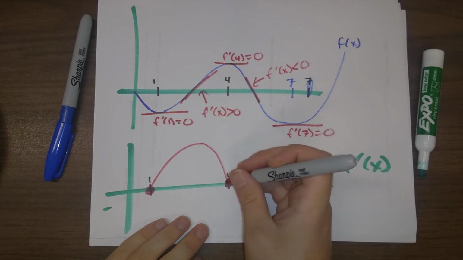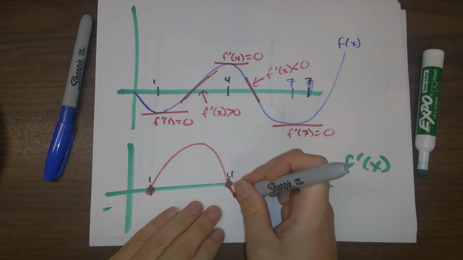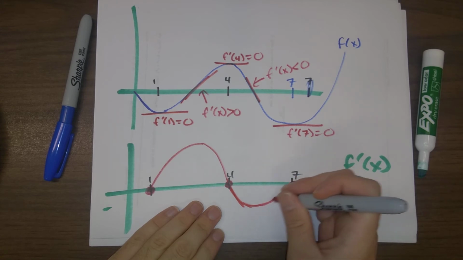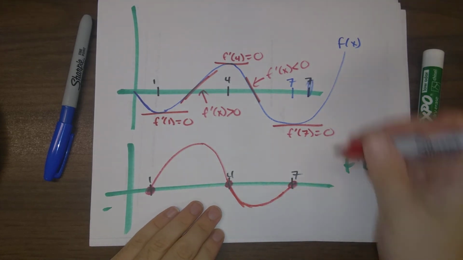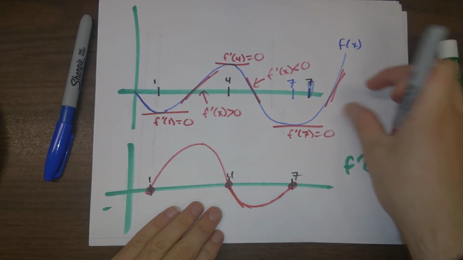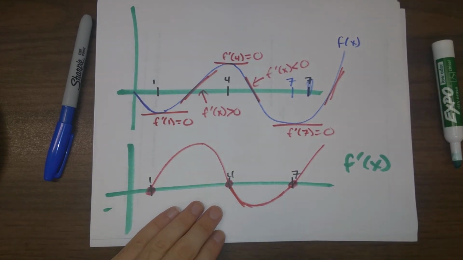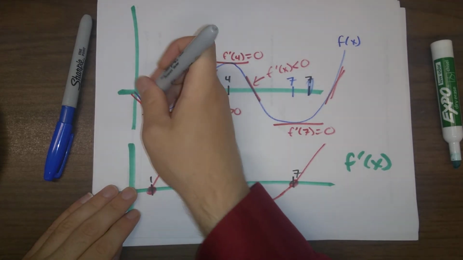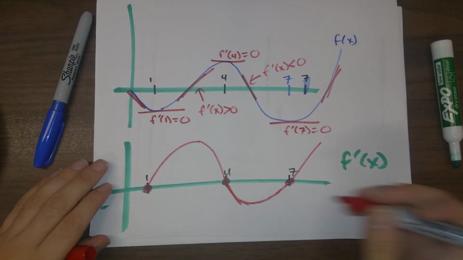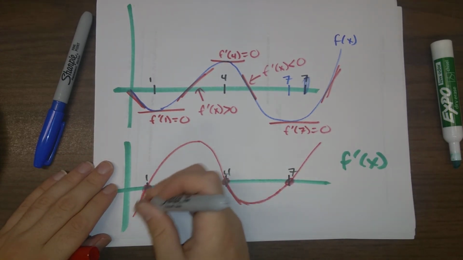So between 4 and 7, I have to draw the derivative under the x-axis. And we can similarly see over here the function is increasing, which is a positive derivative. And over here, the function is decreasing, the tangent line has negative slope, the derivative is negative.